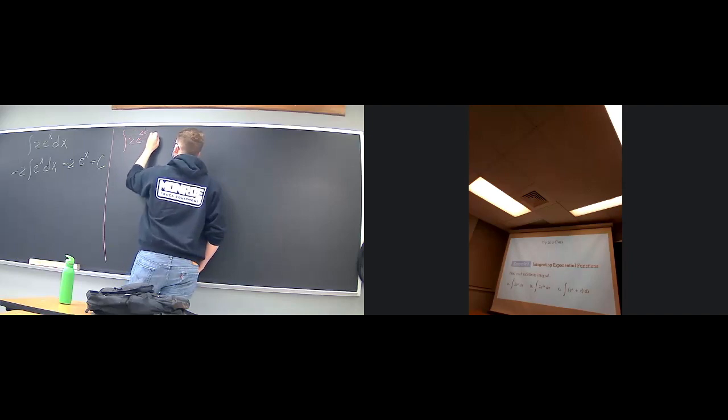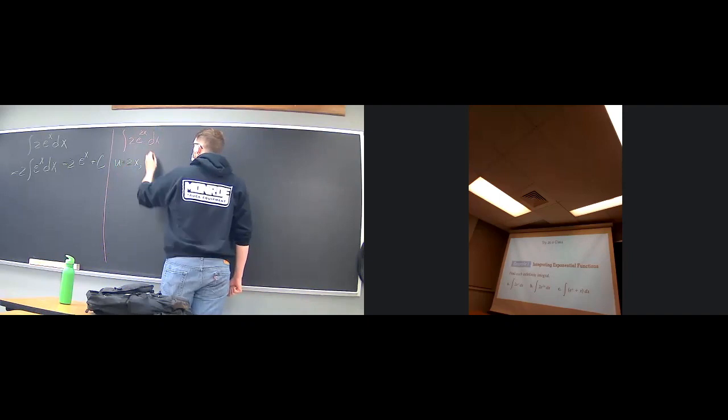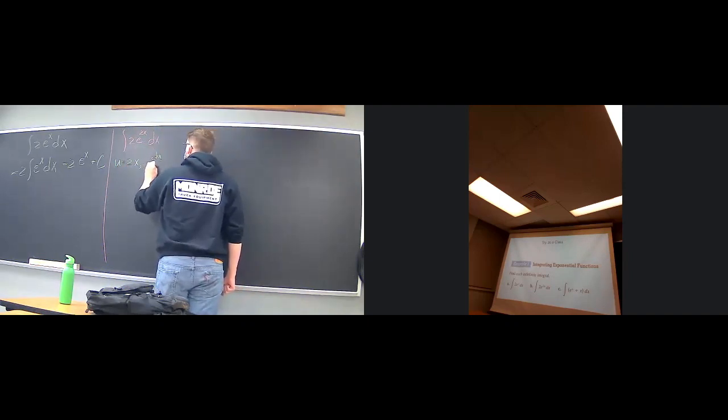The second example, we've got a little bit more work to do. Because we've got e to the 2x, that's like e to the u, right? So we need to stop and define u, which is going to be 2x. du dx then is going to be 2, and du is going to be 2 dx.